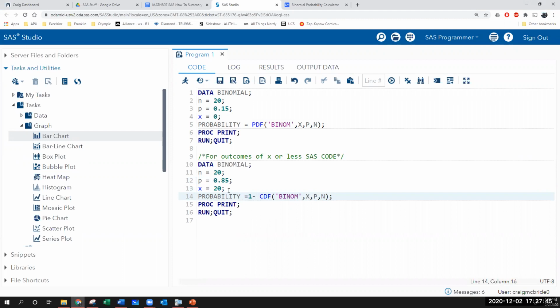Because if we just do the CDF of 20, 0.85, and 20, it's basically going to give us the probability of, oh, see, but there's the problem. That's why I think this is wrong, because the CDF adds up all the probabilities.